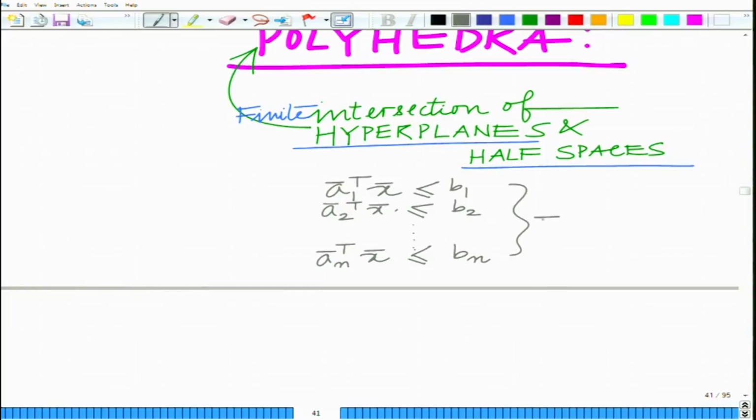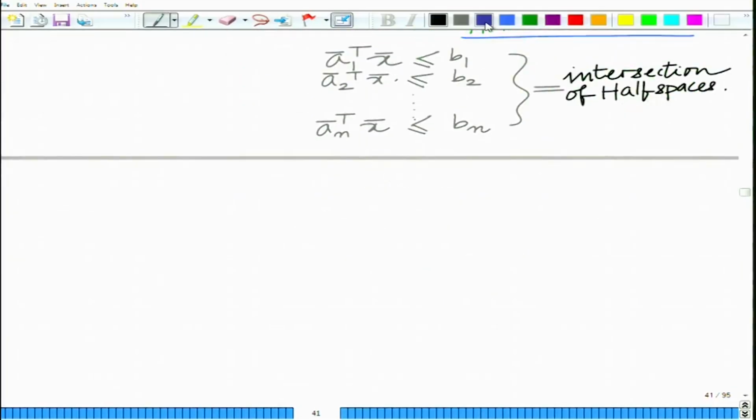This is an intersection of half spaces, correct. I can write this as follows. I can concatenate all these in a matrix: A1 bar transpose, A2 bar transpose, up to An bar transpose, times x bar.